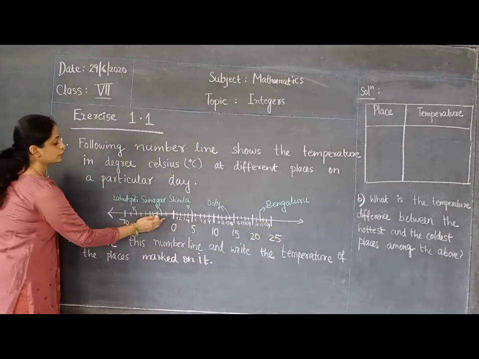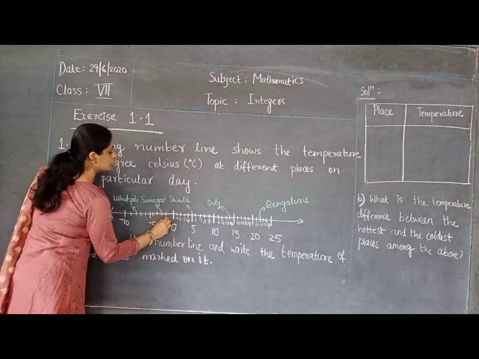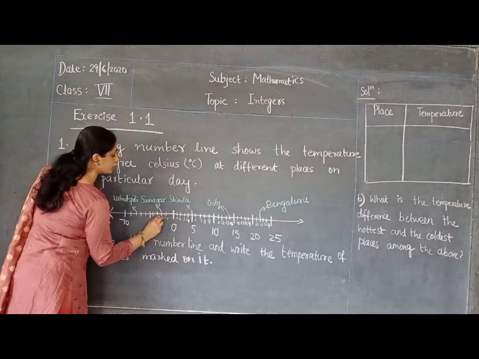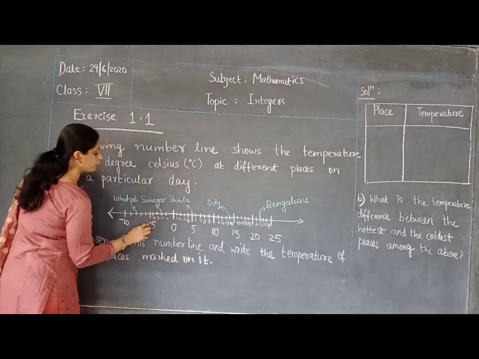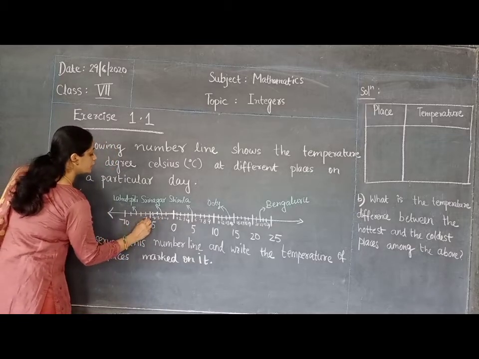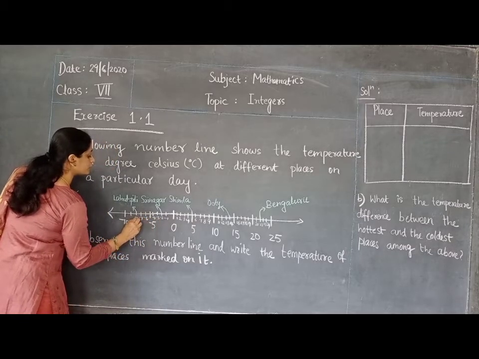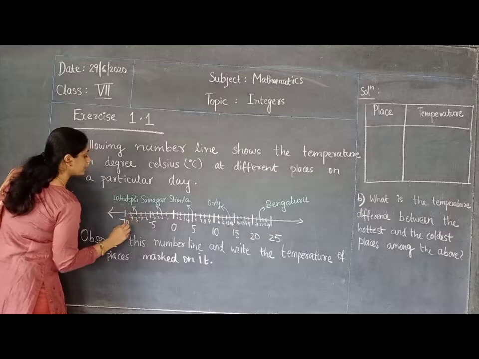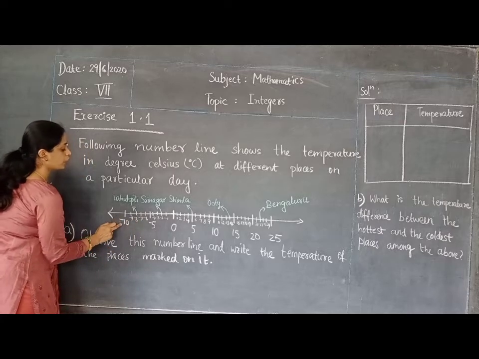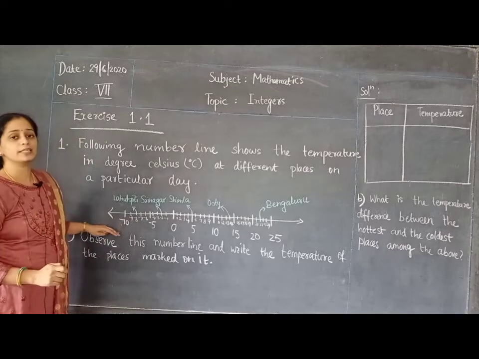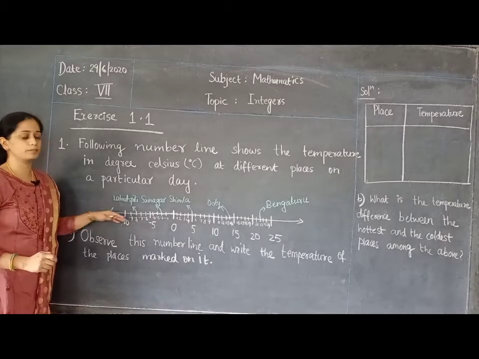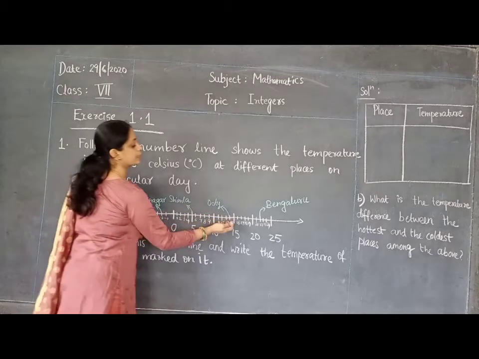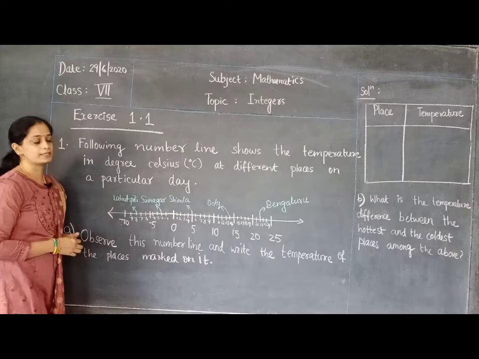And when we consider the negative part, this is negative 1, negative 2, negative 3, negative 4, negative 5, negative 6, negative 7, negative 8, negative 9 and negative 10. So the minus side is the coldest, and this side is the hottest places.